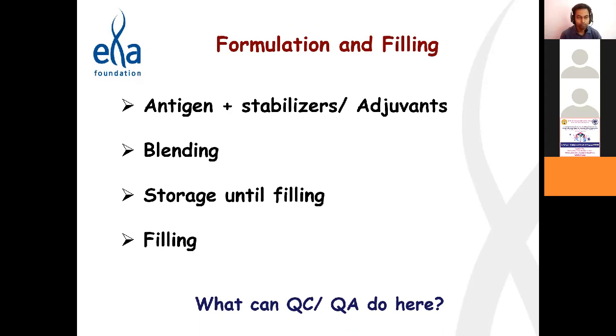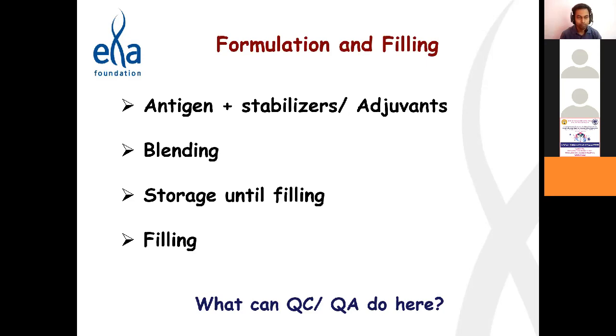These are very important things which the manufacturer needs to prove: at what temperature the vaccine is stored, for example if the stability study is done for 2 to 8 degrees, and how long it is stable.